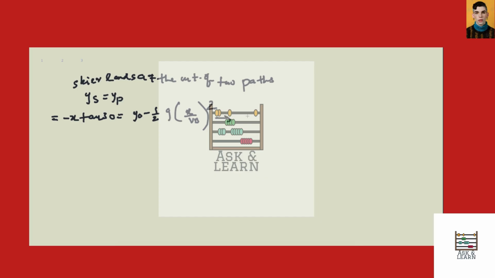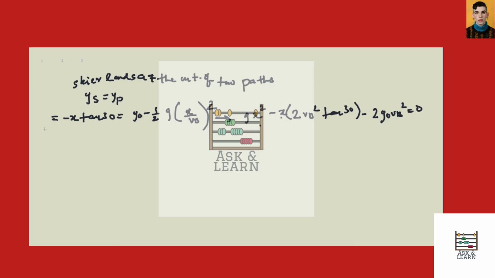So which implies that if you solve that, we will get a quadratic equation: g x squared minus x 2 VB squared tan 30 minus 2 y naught VB squared is equals to 0. So you can see that this projectile equation and the intersection of the slope equation comes to a quadratic equation, quadratic in x here.